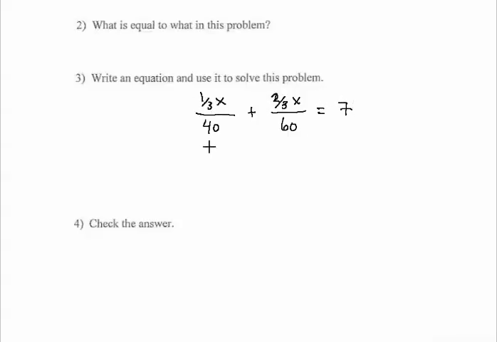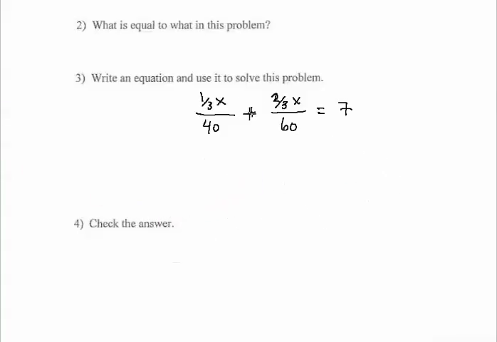So this formula here is time 1 plus time 2 equals time total. Two times add together to give us the total time. That is the structure of this equation that we've come up with.